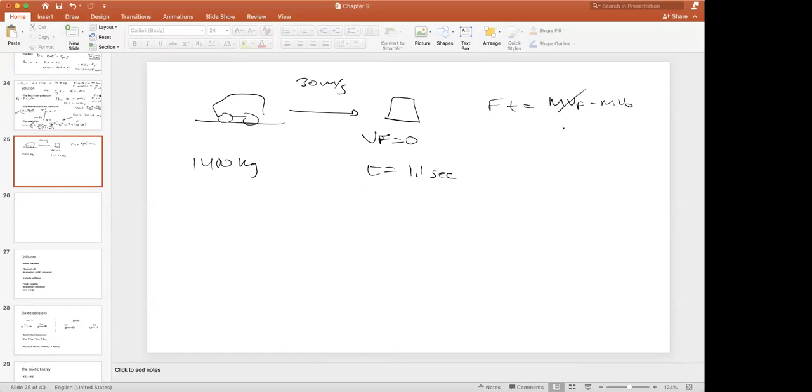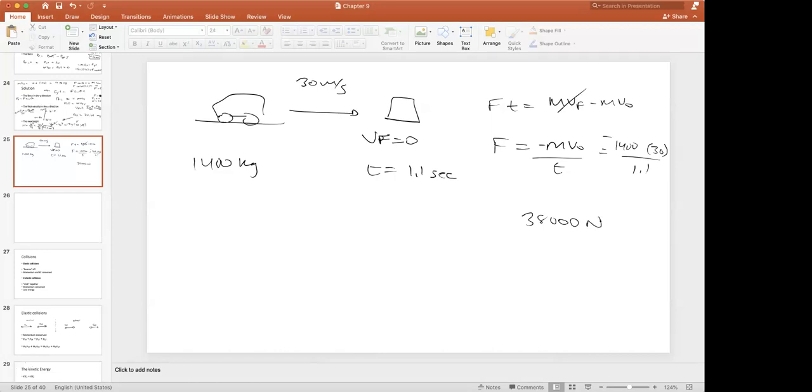Since V final is 0, what we get is that the force acting on the car is mv initial with a minus sign over t. That is 1,400 minus sign times 30 divided by 1.1. If I put that in my calculator, 1,400 times 30 divided by 1.1 is about 38,000 newtons.